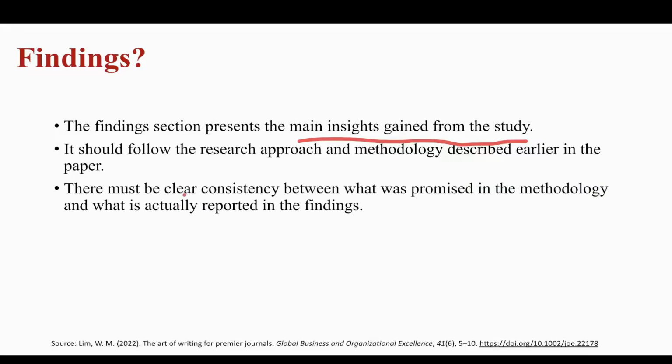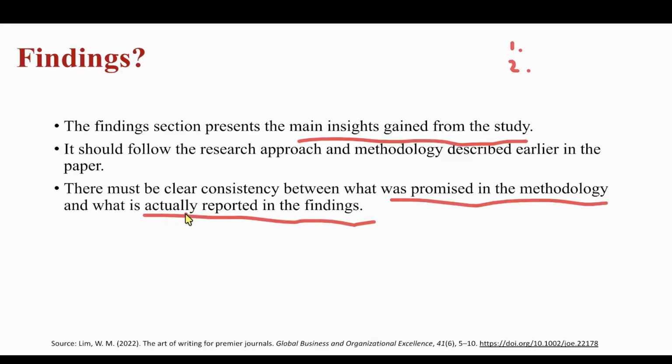So there must be a clear consistency between what was promised in the methodology and what is actually reported in the findings, right? We'll be seeing some examples in the coming slides. Let's say I promise that first I'll be doing a meta-analysis and second I'll be doing structural equation modeling.